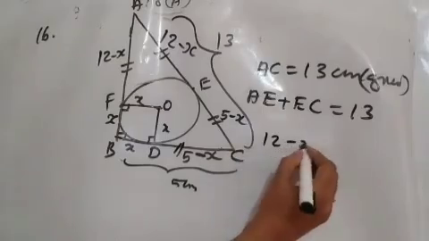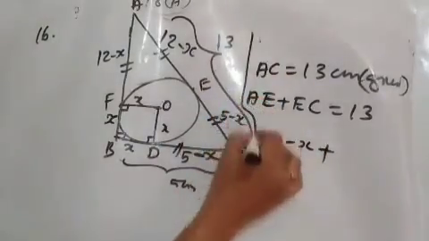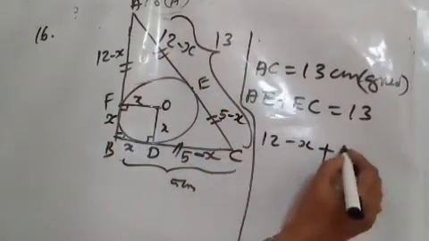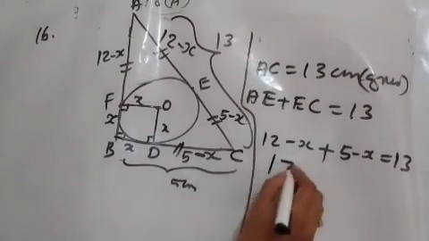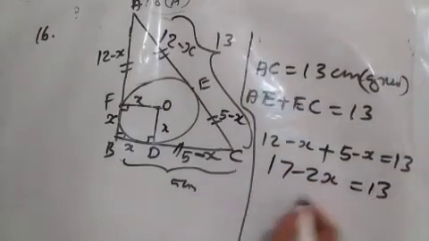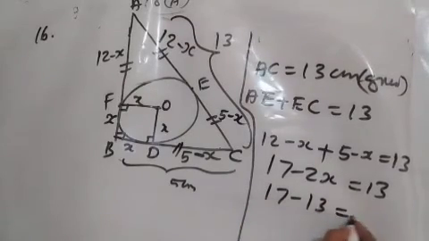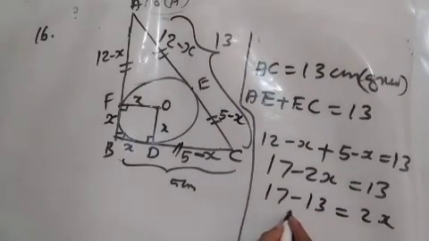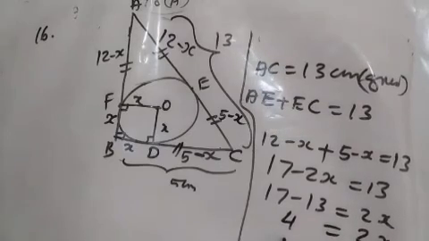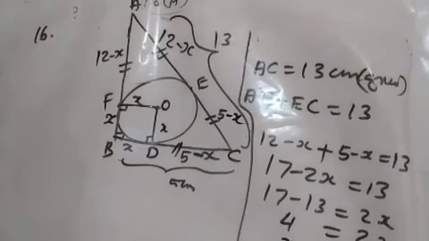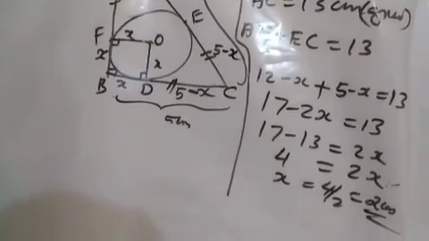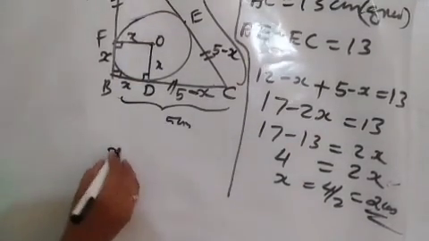Yes, 12 minus x plus EC, 5 minus x, gives 13. That is 17 minus 2x equals 13. 17 minus 13 is 2x. 4 equals 2x, or x equals 4 by 2, 2 centimeters. That is, the radius of the circle is 2 centimeters.